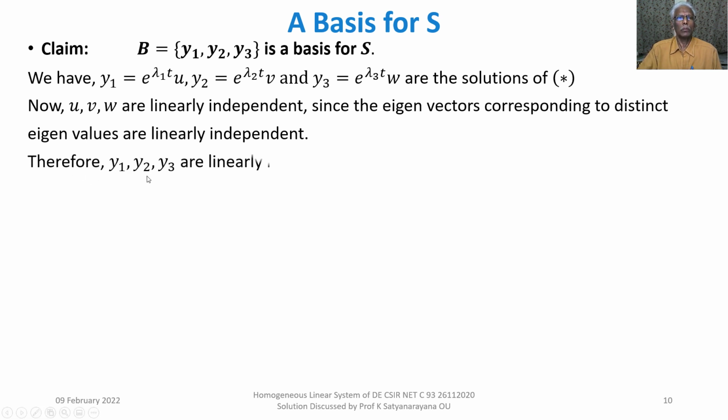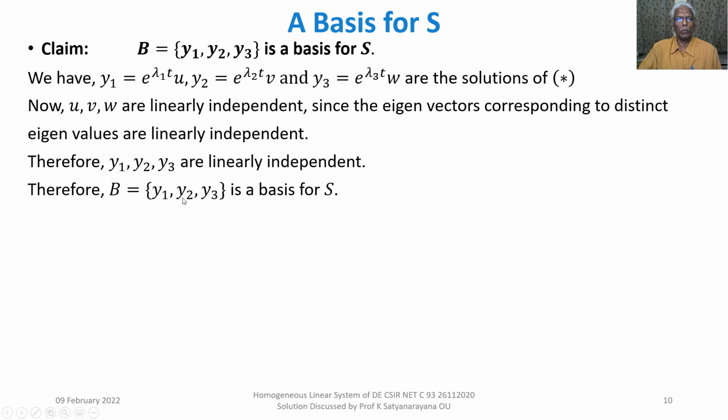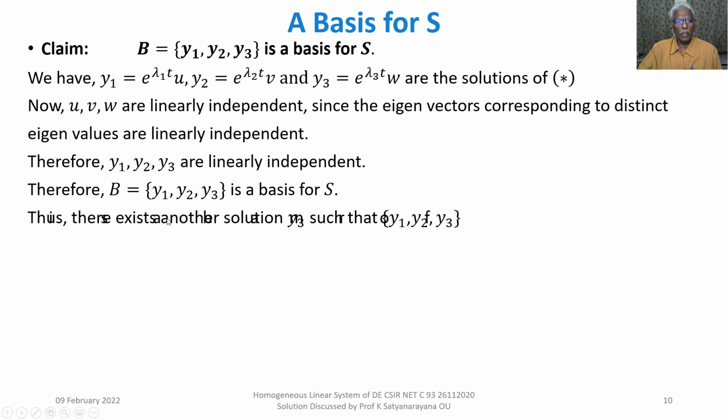Therefore, y1, y2, y3 are linearly independent, and any three linearly independent solutions in the solution space S will form a basis for S. Therefore, B equal to {y1, y2, y3} is a basis for S. Thus, there exists another solution y3 such that y1, y2, y3 form a basis for S.